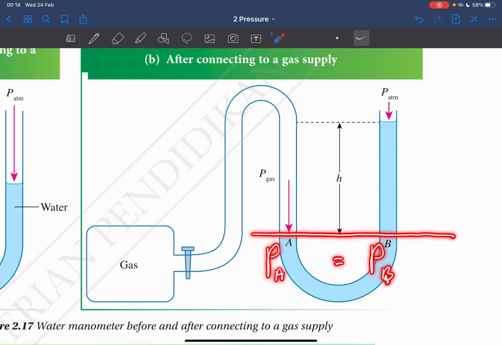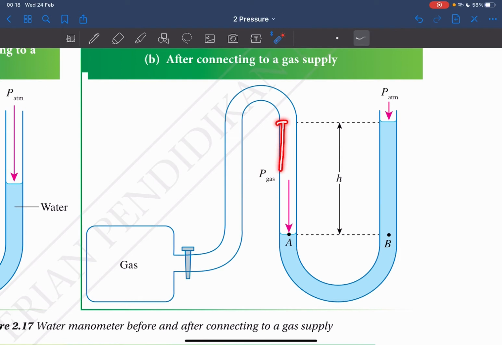From this picture you can also see that the gas was able to push this amount of water. That is why we can see that water rises above point B. The gas pushes this water, and then the water flows upwards here because the gas pushed the water.